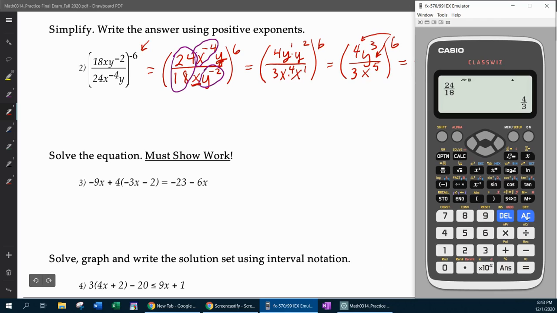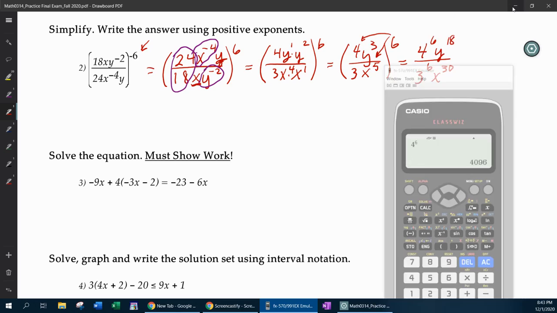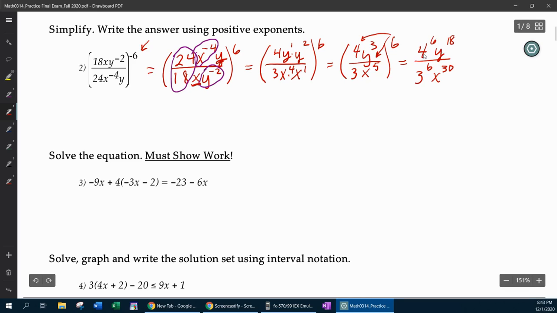Let's see. 4 to the 6th, 4096. That's rather large. So if you want to make that 4096, go ahead. If you want to just leave it 4 to the 6th power, that's fine with me. So this answer is acceptable.